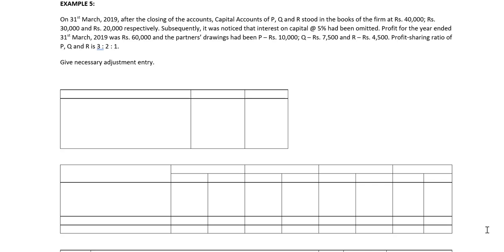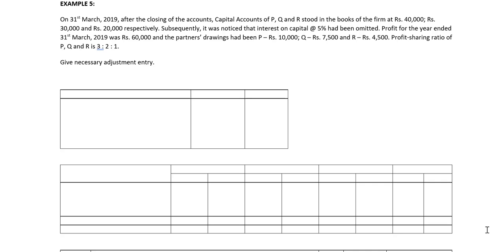And the fluctuating capital method is being followed. So the opening capital will not be equal to the closing capital. We'll have to make adjustments for adding of the drawings and deducting of share of profits, since we have assumed the fluctuating capital method.